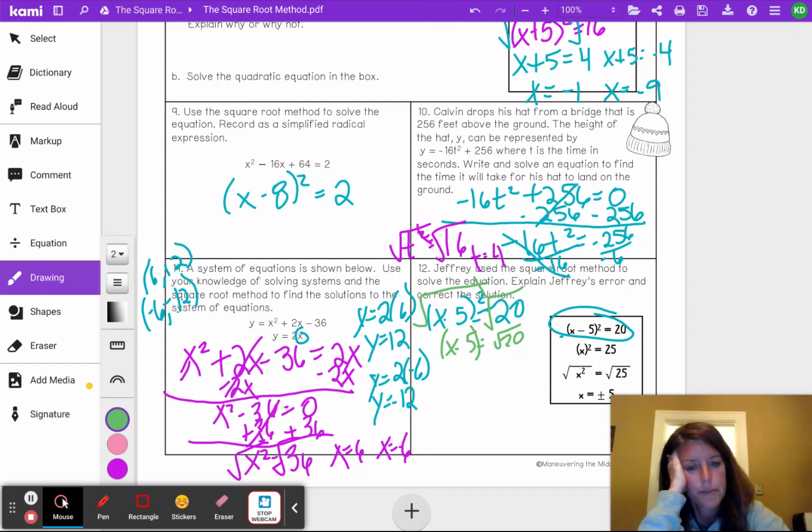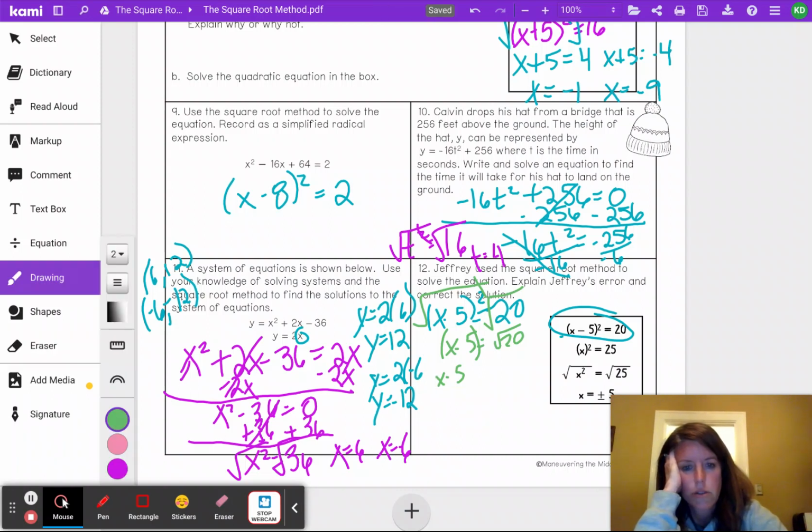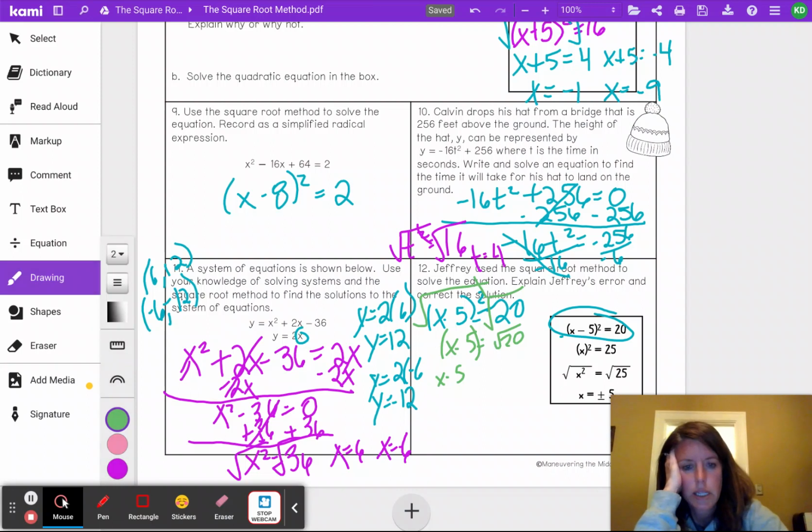So we have x minus 5. I guess I can take away the parentheses because we already took the square root. Oh, and I drew it again. Sorry. x minus 5 equals, and this is the same thing as square root of 4 times square root of 5. Square root of 4 is 2, and it's plus or minus 2, and then square root of 5.